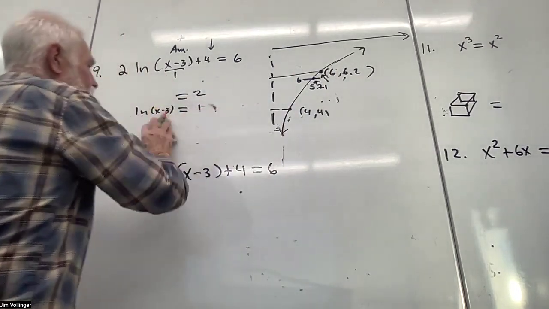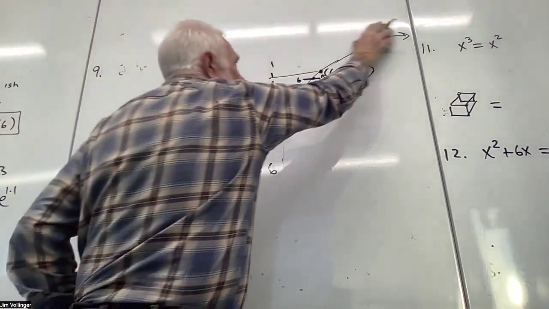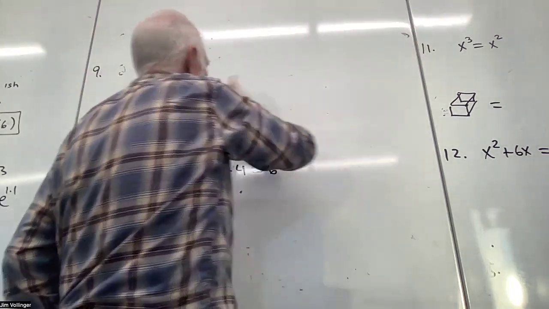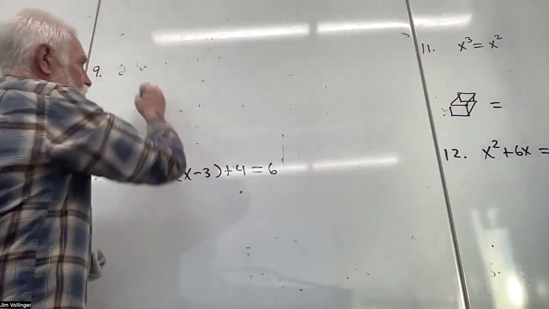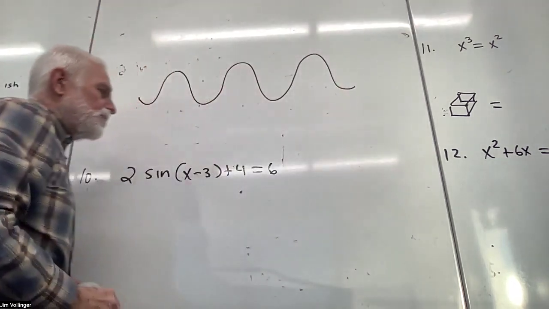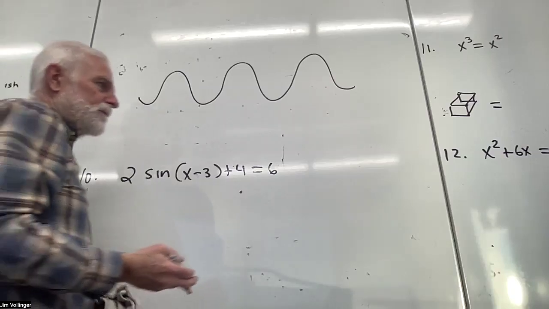Now, the next problem is pretty early in our semester to be asking you to solve, but it's a sinusoid. I'm not looking for a general solution. I didn't even ask for one. I didn't even tell you what I wanted for a solution.